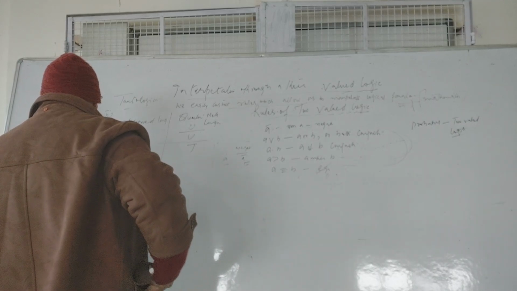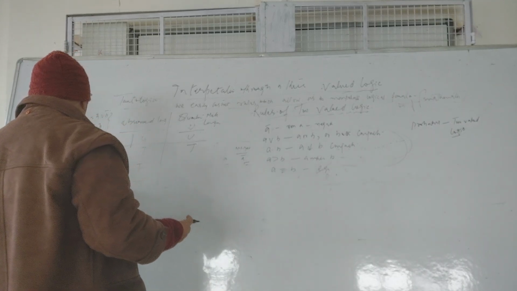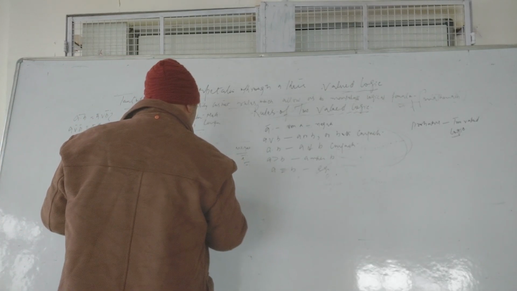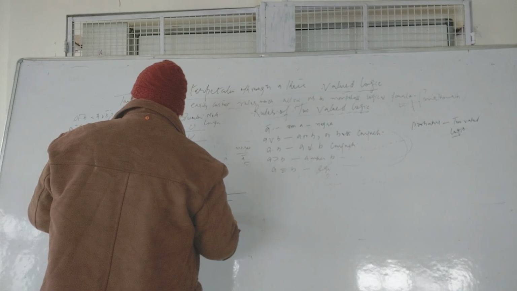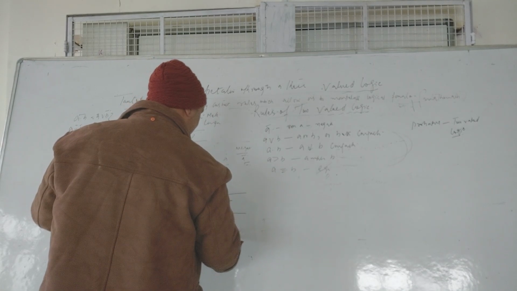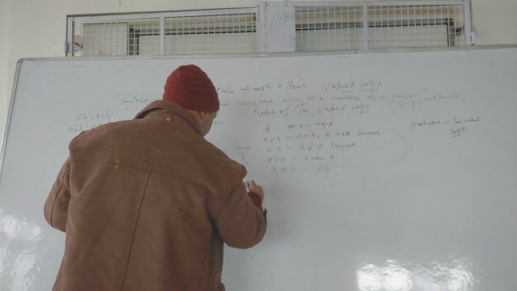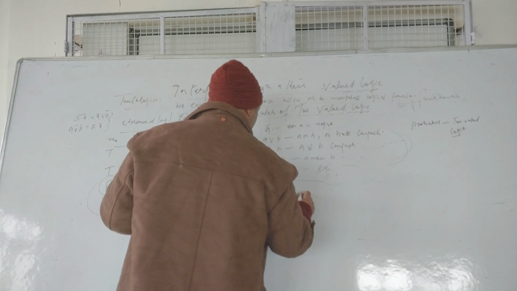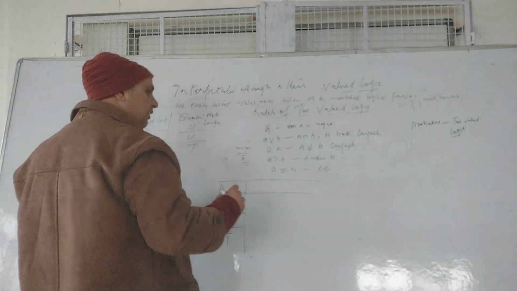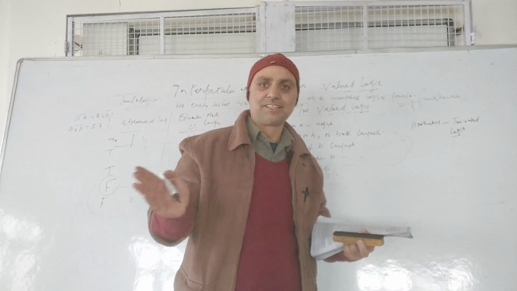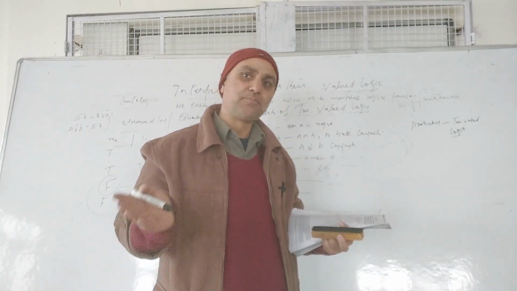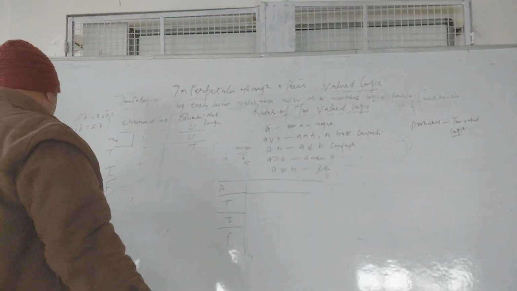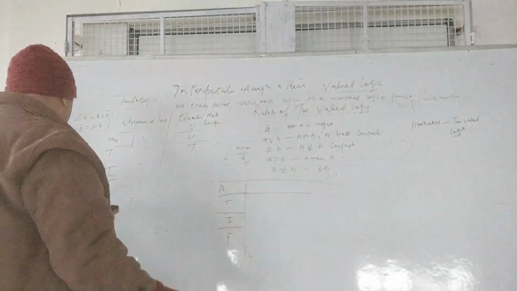So in the simplest sense, if we have A, this is truth, this is intermediate, this is false. You can not only have negation, you can have negation of different kinds. You have negation, you have complete negation, you have cyclic negation, and accordingly the symbols can be attached to them.